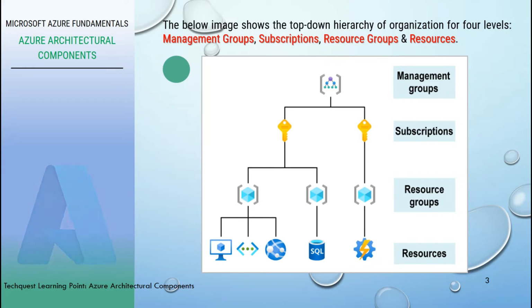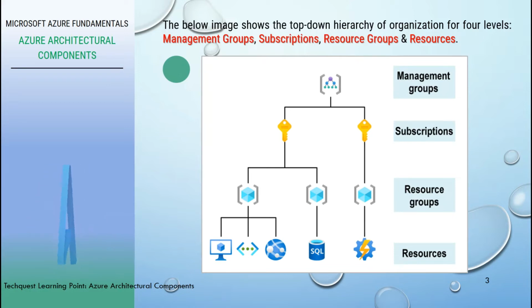Subscriptions. A subscription groups together user accounts and the resources that have been created by those user accounts. For each subscription, there are limits or quotas on the amount of resources that you can create and use.